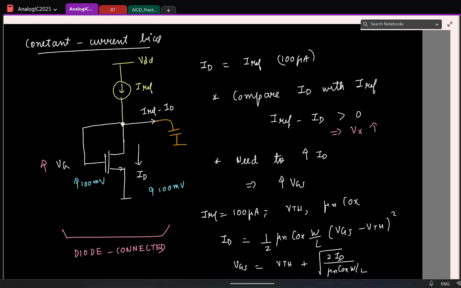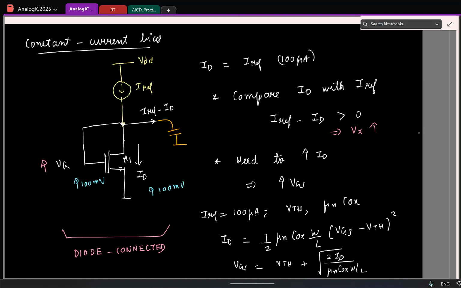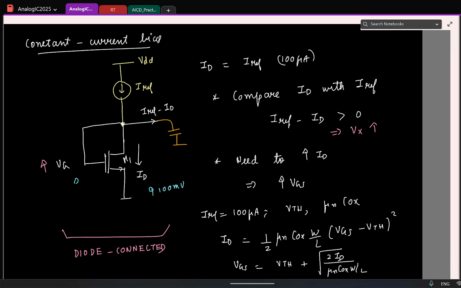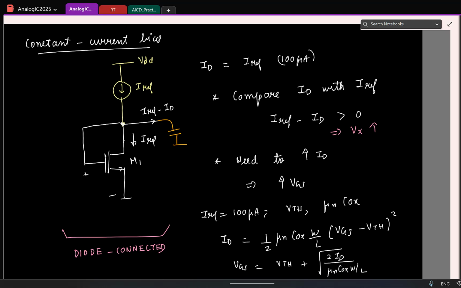And typically we'll call this transistor M1. So just a notation that we will be using usually. Let us say this current is Iref. To denote this voltage, which is VGS, we will say it is VGS of the transistor M1.